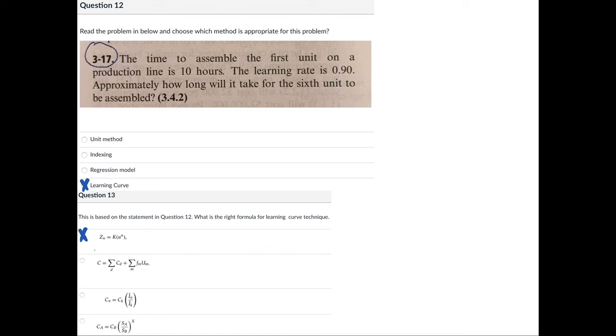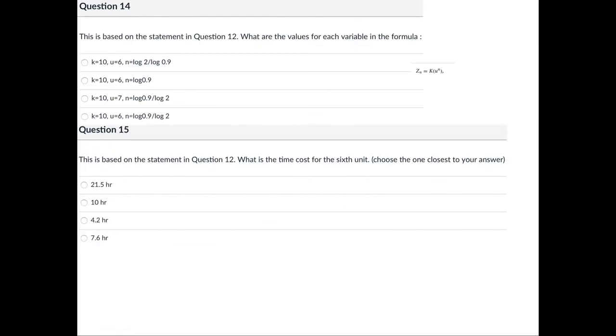These questions are very easy, okay? Now you want to find the right values for the variables in the equation. In this equation, you're going to find the k, the u, and the n. K, by definition, is the time cost for the first ever product. In this case, it's given as 10 hours.